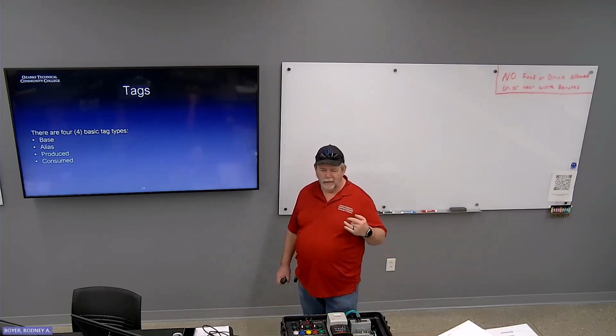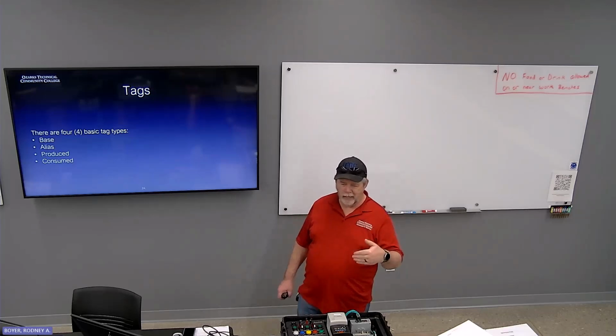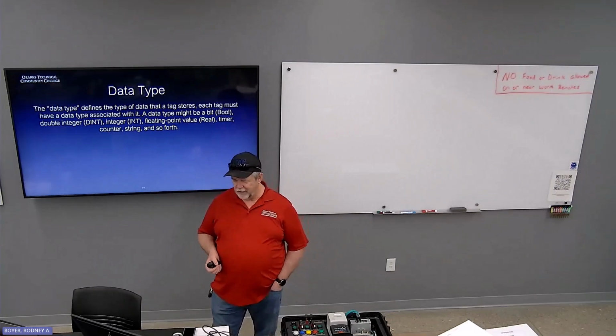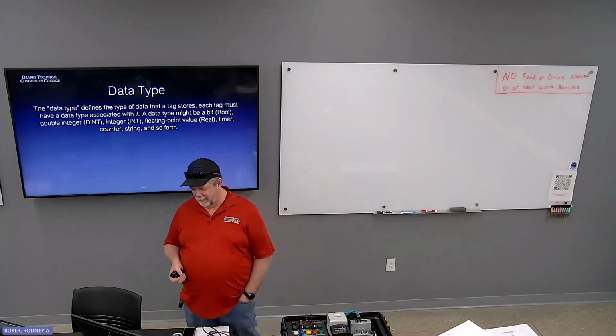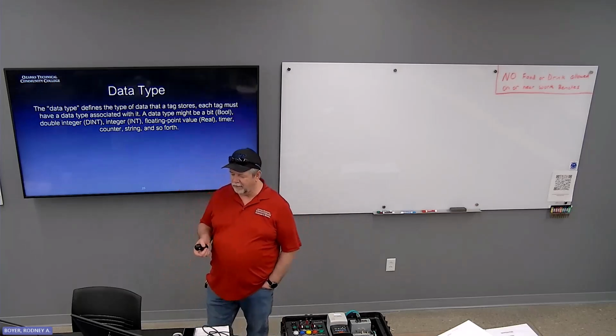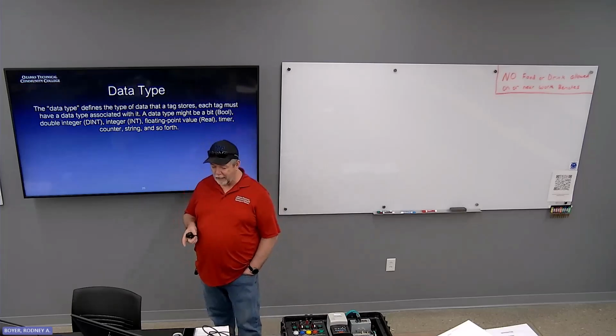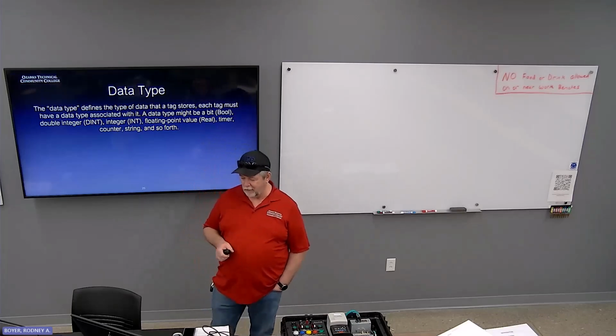A produced tag is one that is producing data for the consumer to utilize or consume in the matching consumed tag. The data type defines the type of data that the tag stores. And each tag must have a data type assigned with it.